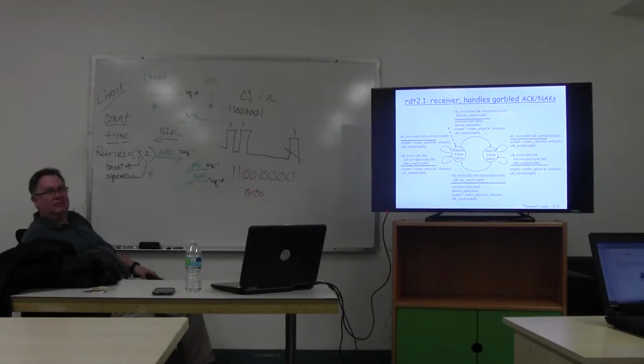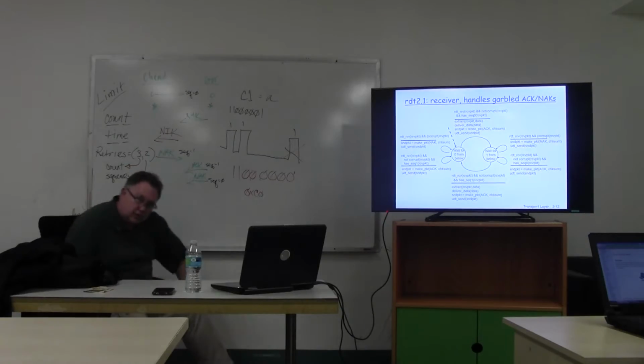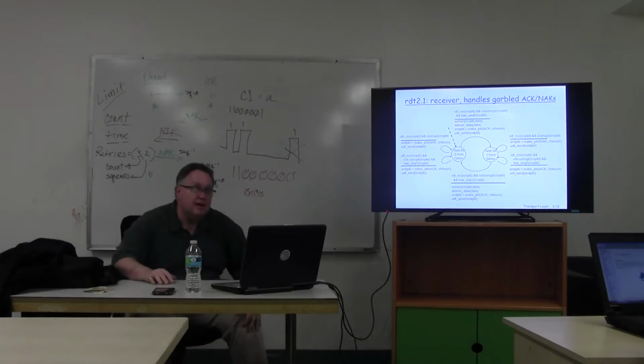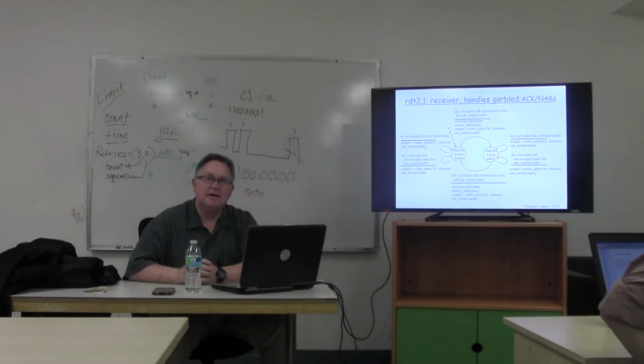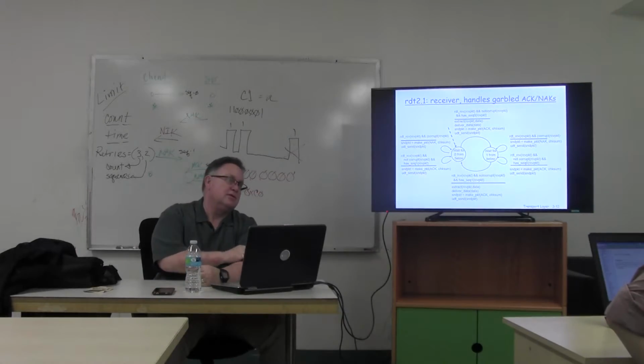Now we've got a problem. But hopefully, if the sequence number gets clobbered, at least the checksum agrees. Well, the checksum reflects the fact that it was the sequence number.